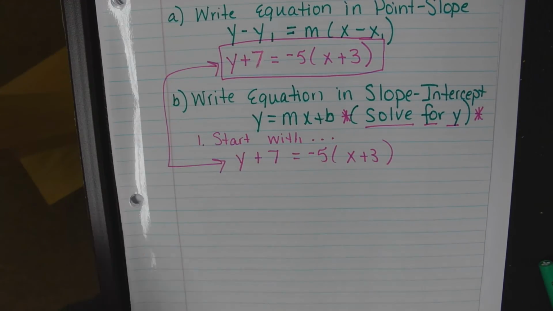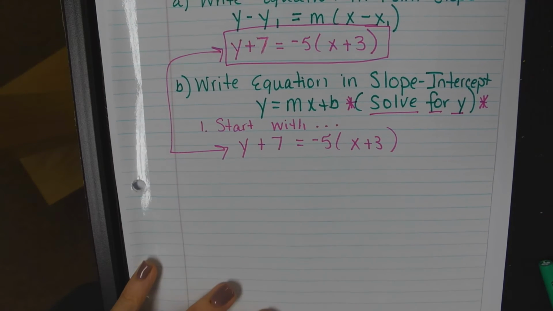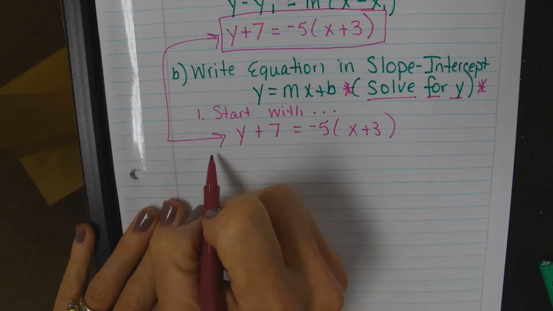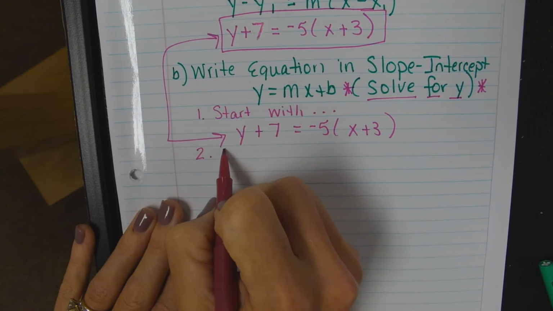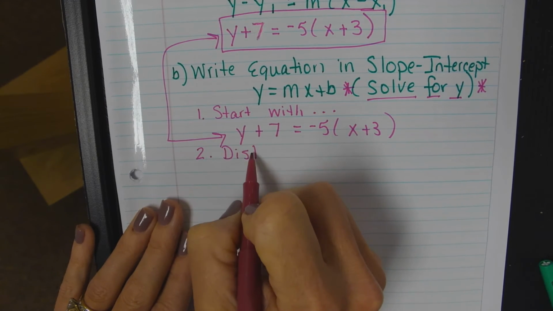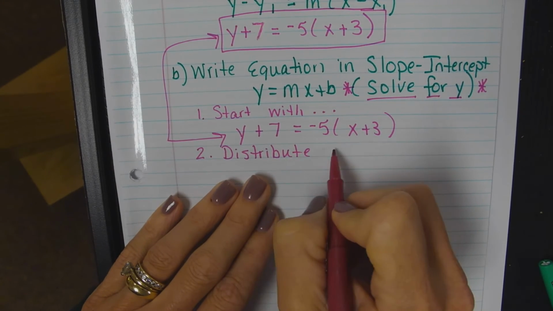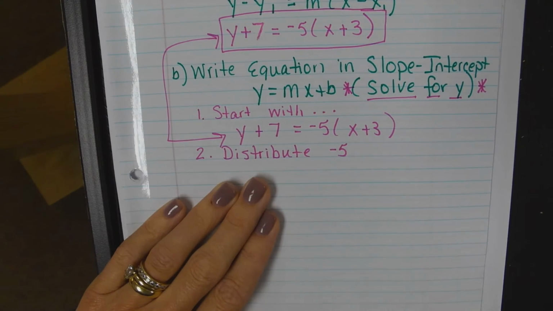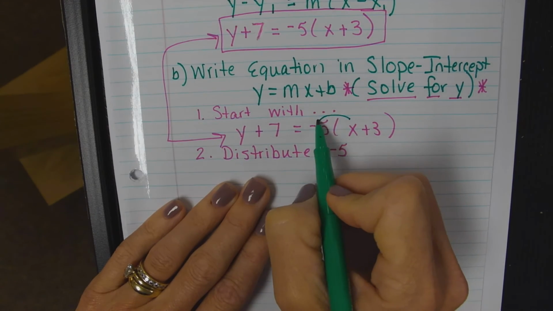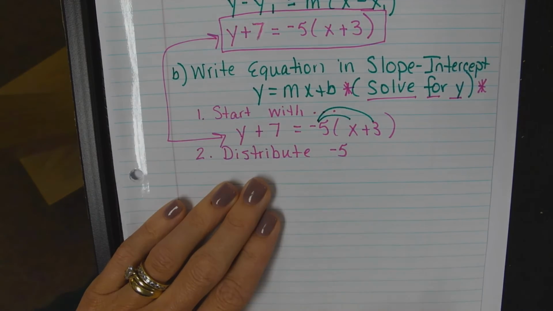There's a reason we do these in order, okay? What's step 2? I'm going to distribute what? Distribute the negative. All right, so you have -5 times x and -5 times 3.